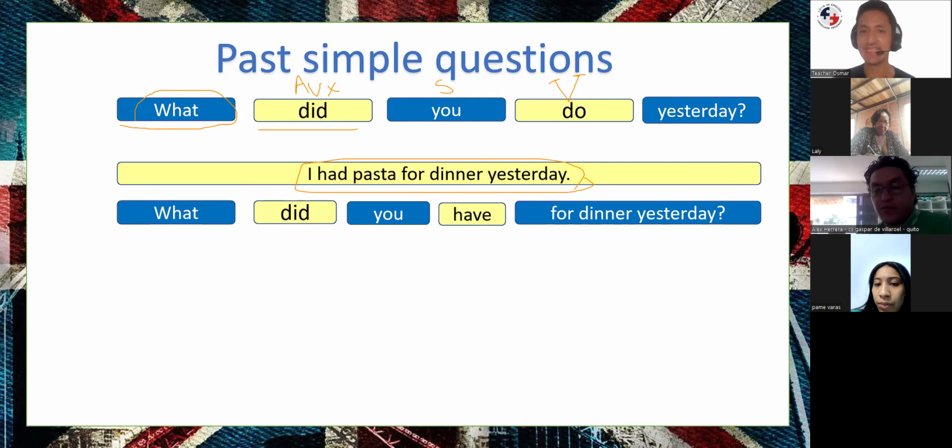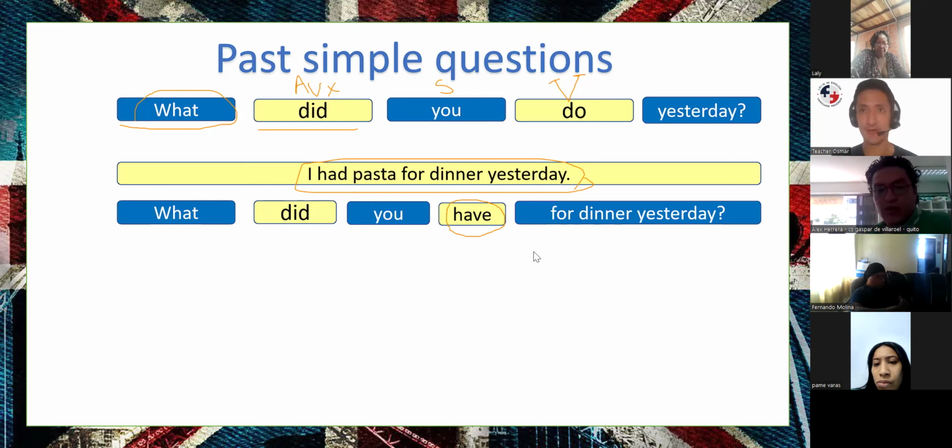¿Ok? Yeah, don't you forget, el verbo, the verb, también en las preguntas, also in the question, vuelve a su forma normal, to the infinitive form, right?